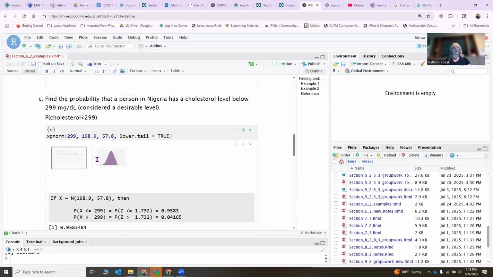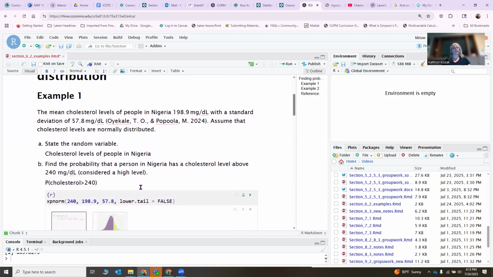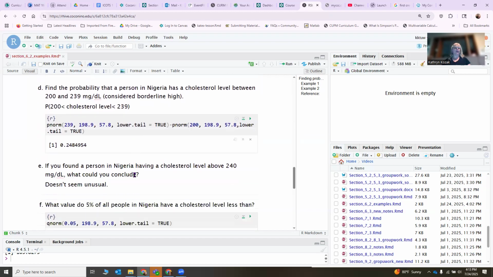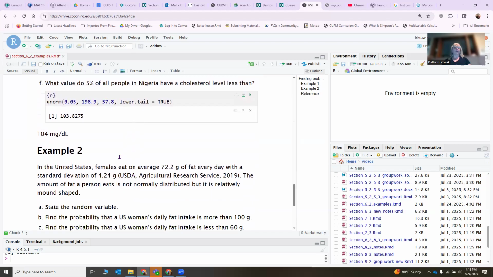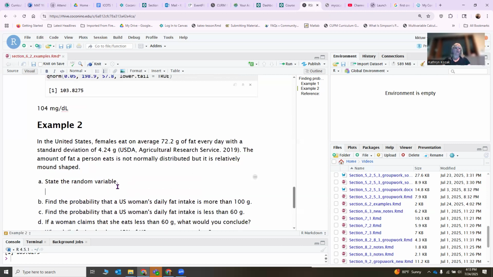I do want to point out that in the last example, cholesterol was told to be normally distributed. This one is not exactly. So the values in example 1 were kind of approximates. These are even more approximates because we're mound-shaped, but not exactly normal. So we're going to take some of these answers with a grain of salt.